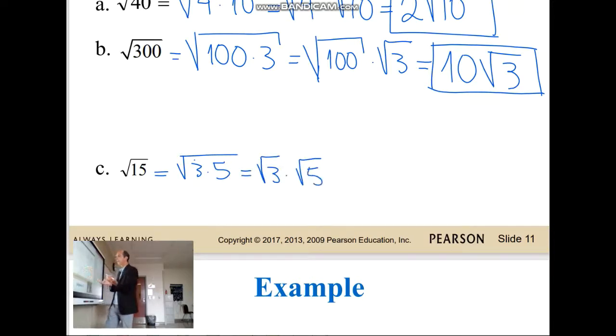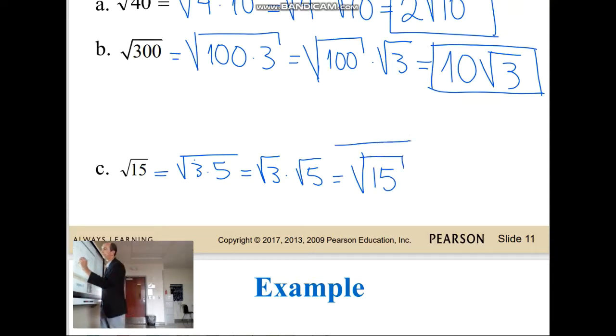But this actually doesn't help us at all because we don't have a whole number to substitute here, right? So this is already simplified. This is the simplest way of representing square root of 15. There are no more simplifications that we can work out.